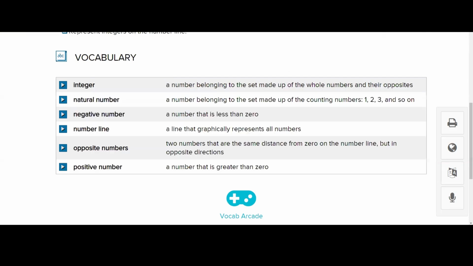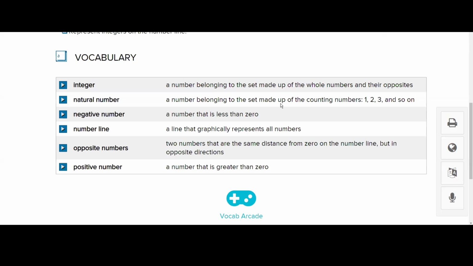Integer: a number belonging to the set made up of the whole numbers and their opposites. Natural number: a number belonging to the set made up of the counting numbers 1, 2, 3, and so on. Negative number: a number less than 0.